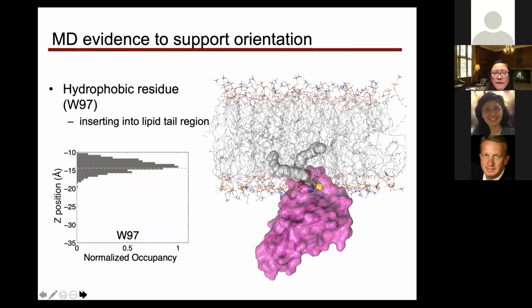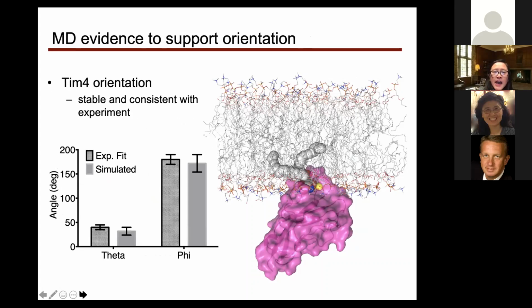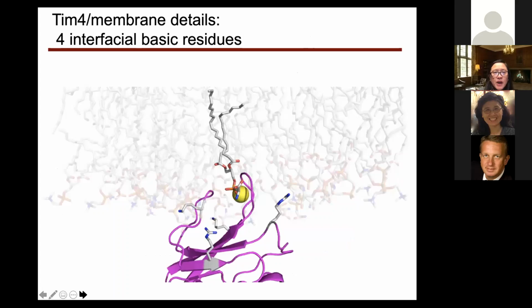We have looked at how far the hydrophobic residue is, which is what gives us the tryptophan fluorescence shift that we're looking at. And we also compare the simulated results with the experimental results. But what this orientation of the protein as it is situated at the membrane surface actually shows us is the detail of the interaction points.